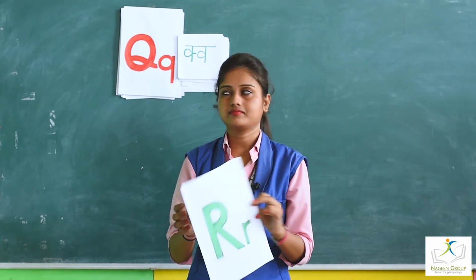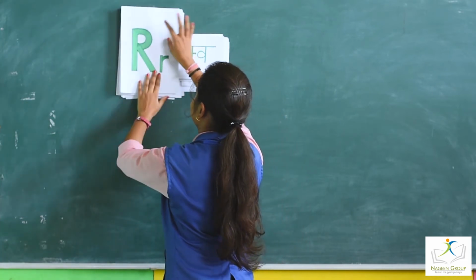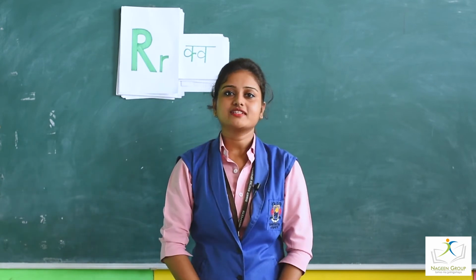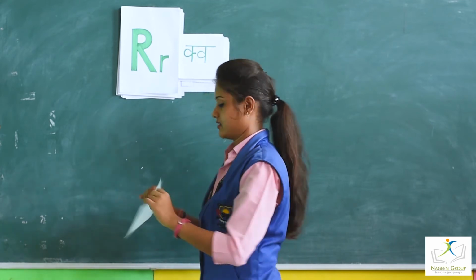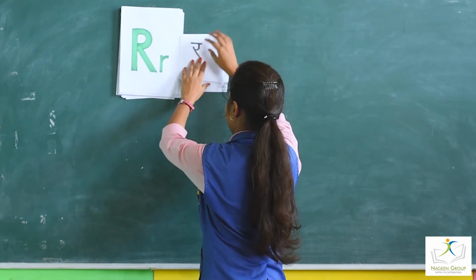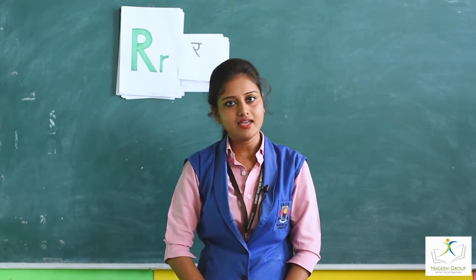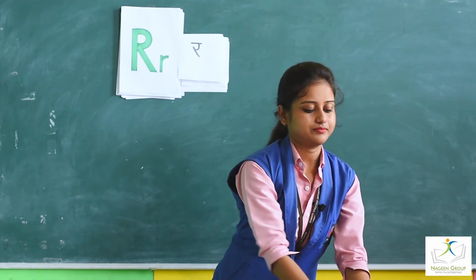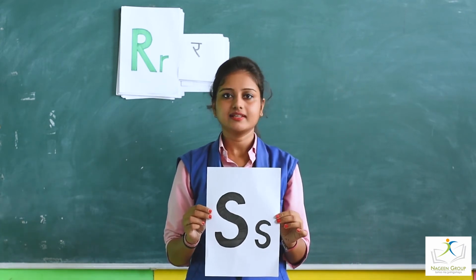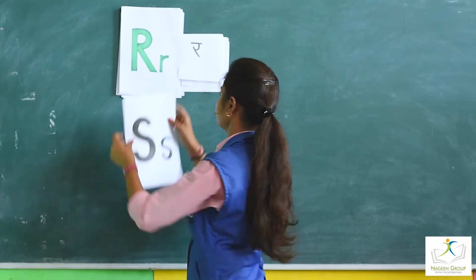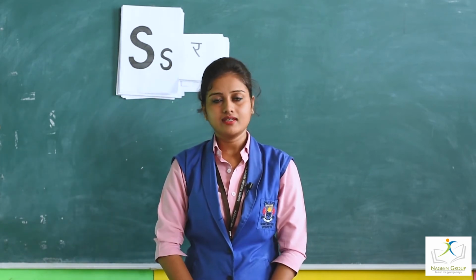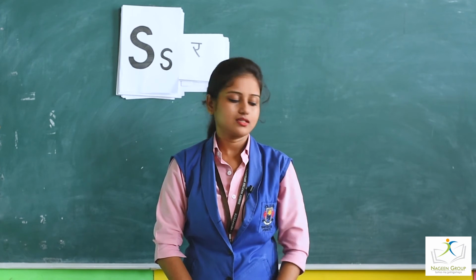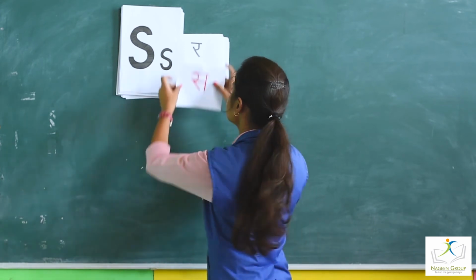Letter R. The sound of letter R is R, R, as in rain. Next letter is letter S. What is this? Letter S. The sound of letter S is sa, sa, as in sun.